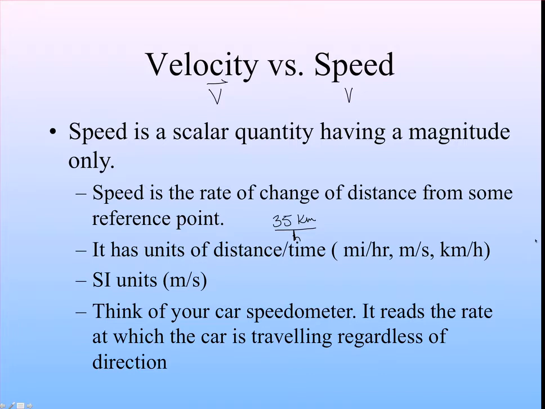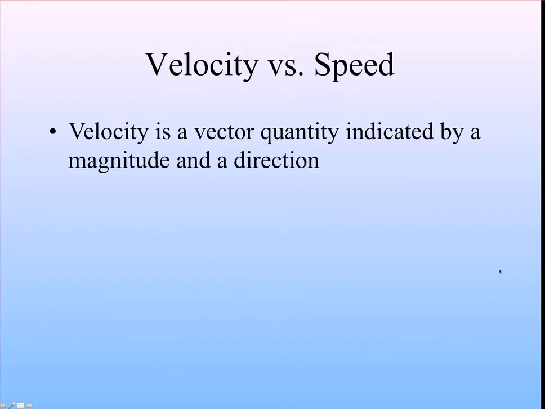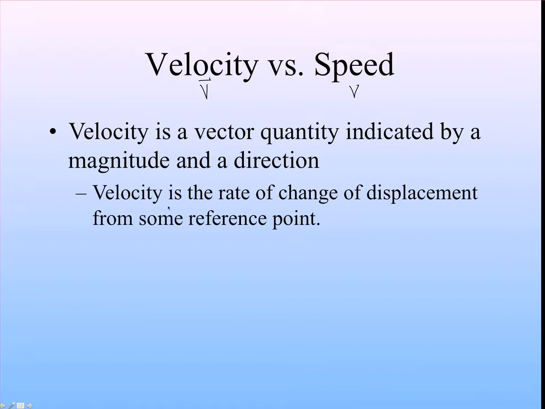Velocity, however, is a vector quantity indicated by magnitude and a direction. I'll draw the symbols back in here. Velocity is the rate of change of displacement from some reference point. Now, at any given moment, your velocity is equal in magnitude to your speed at that very same instant.